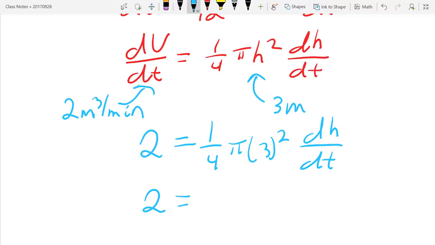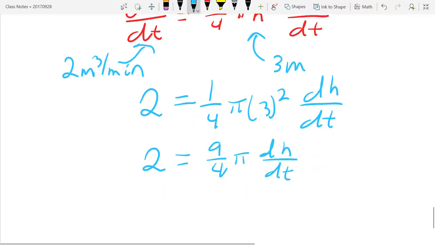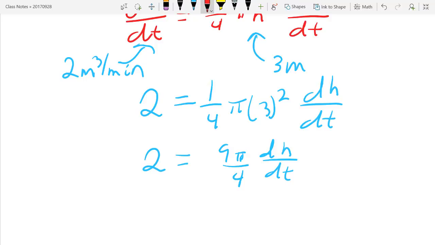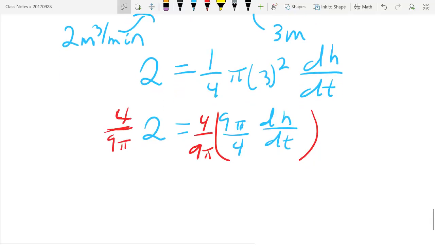Okay, and that's going to be 2. If we square the 3, we're going to get 9. So that's going to be 9/4 pi dh dt. Be okay with y'all if I write that as 9 pi over 4 instead. Okay. Then to wrap this up, you want to multiply both sides by 4 over 9 pi, just so we can cross this stuff out here.